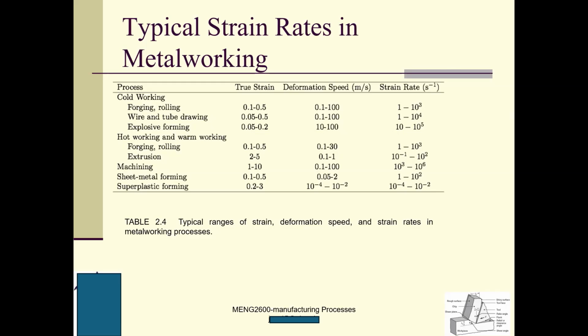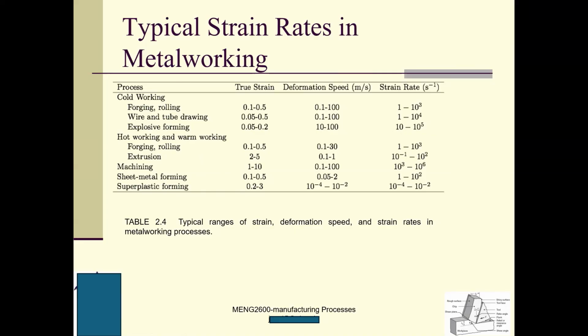So this definitely includes friction, and involves high temperature and large deformation. Sheet metal forming and superplastic forming also involve large deformation. So based on this slide, I want you to know the difference between cold working and hot working. The difference is the recrystallization temperature.